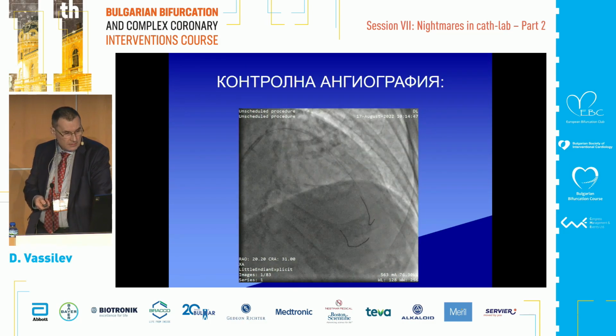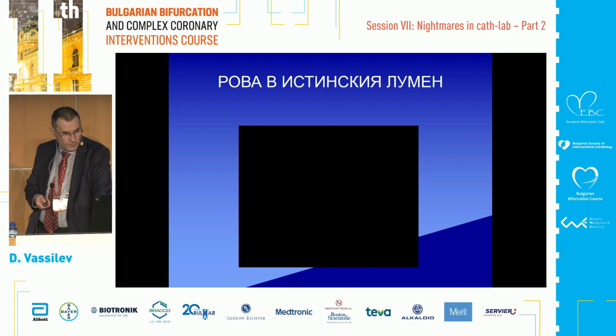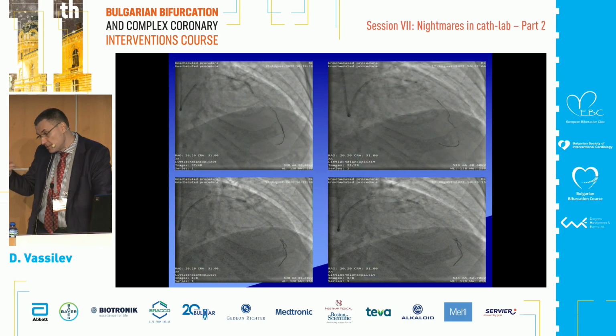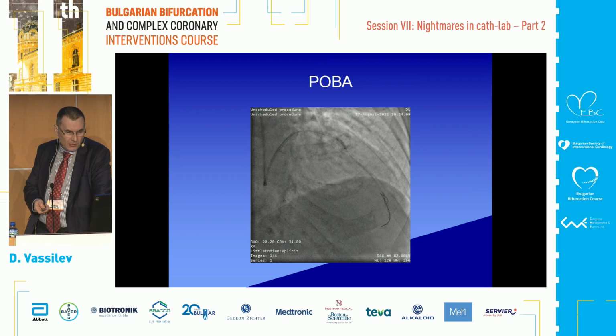And then we took a normal 2.0 balloon over the wire into the true lumen. Now the balloon passed. We made several balloon inflations, first with the semi-compliant balloon, then with a non-compliant balloon, 2.5 by 30.